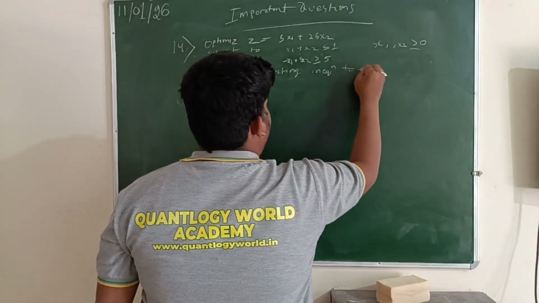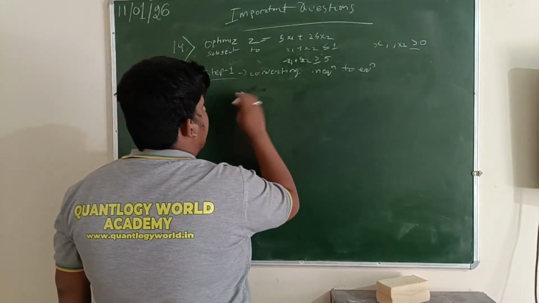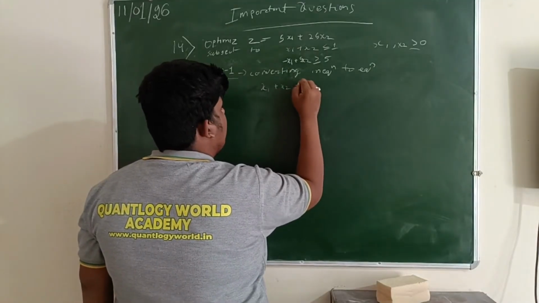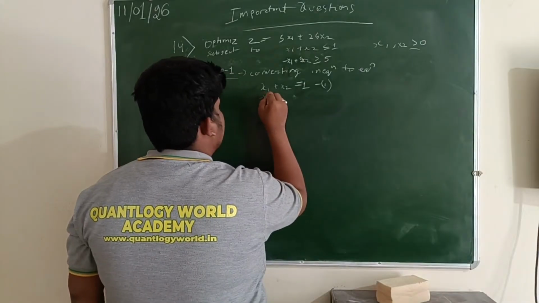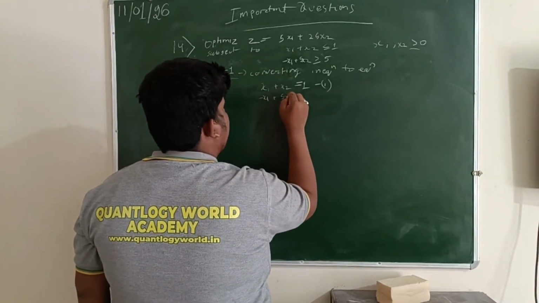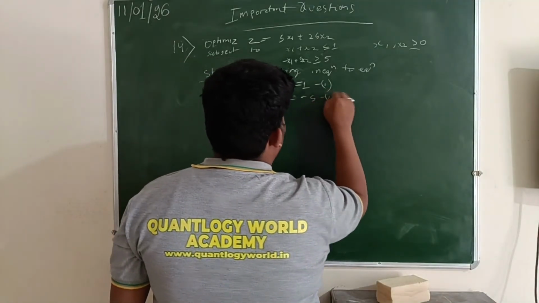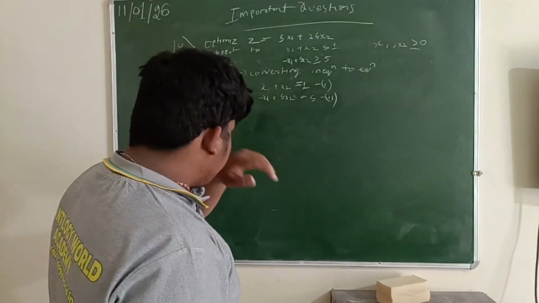First x1 plus x2 equals 1, which is equation 1. Next is minus x1 plus 5x2 equals 5, which is equation 2. We have converted inequation to equation.